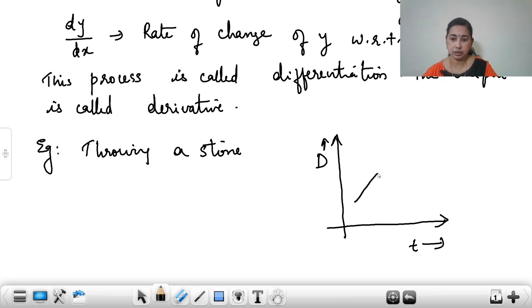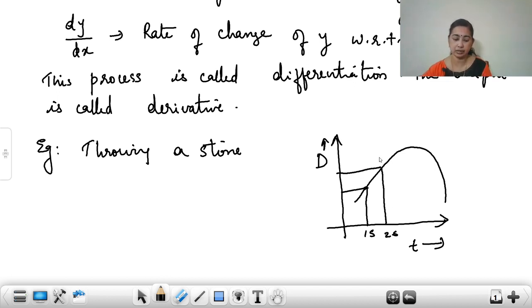When the time is changing, at 1 second suppose the stone reaches here, this is 1 second. So the distance is this point. Then if it is 2 seconds, the stone reaches here. So the distance changes with respect to time.